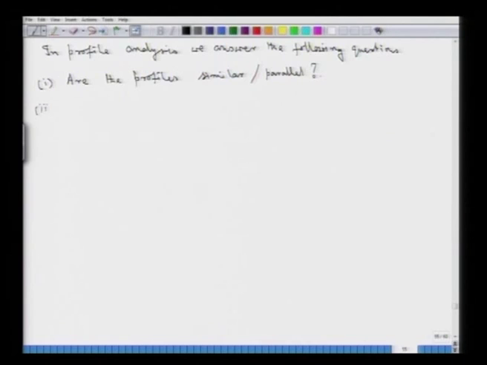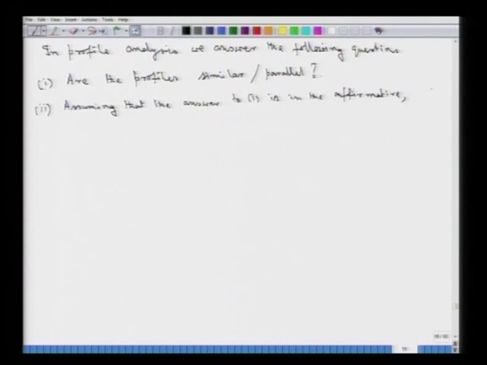Now the second type of question that is of interest: assuming that the answer to one is in the affirmative, that is we say that well, they are similar or parallel, then we are further interested to see whether these two parallel profiles are coincident or equal profiles.